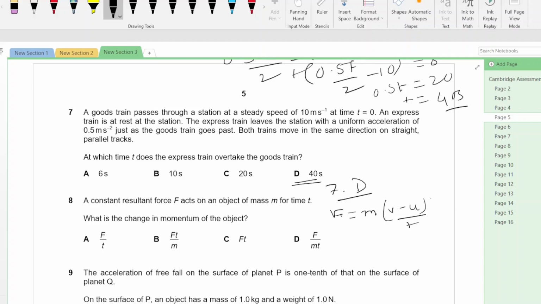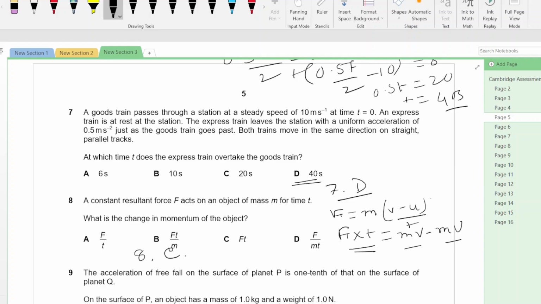Now multiply the equation by t. Therefore, Ft equals mv minus mu. mv minus mu is the change in momentum. Therefore, Ft is the answer to question 8, and it is at C. Therefore, 8, C.